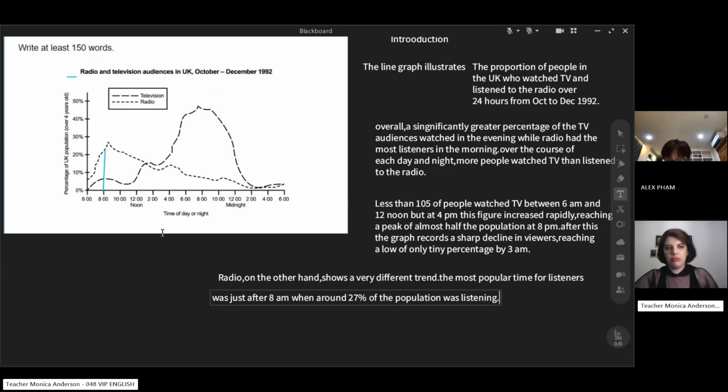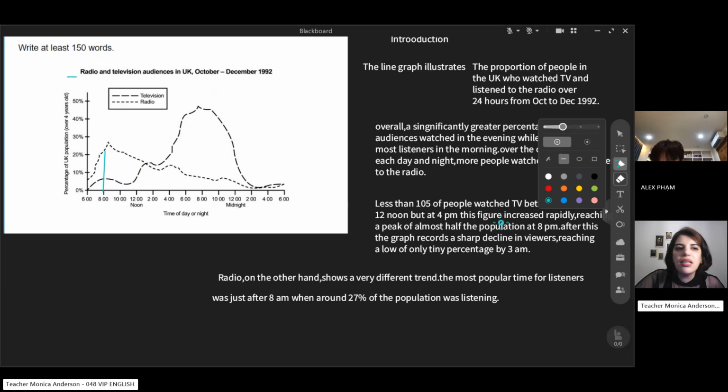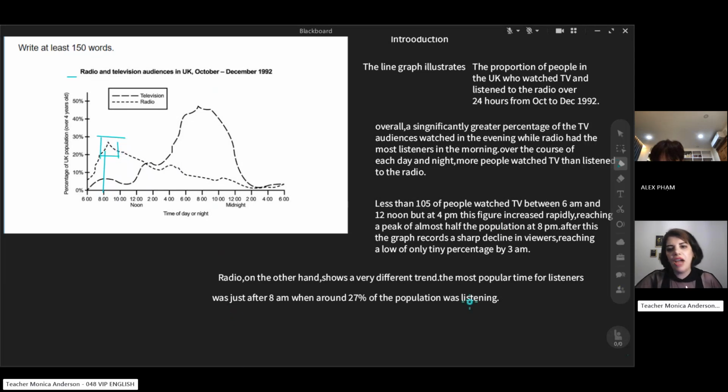Why I say was listening, because listening to a radio program, or for example watching TV, is something in action, in progress, so it's okay to use past continuous. So the first one I discussed is my most important trend here.